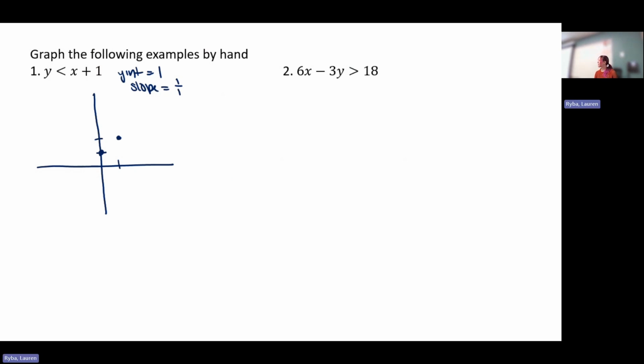Once I have 2 points, I can make my line. However, this is not a solid line because it is a less than. So this is going to be a dashed line across the coordinate plane.